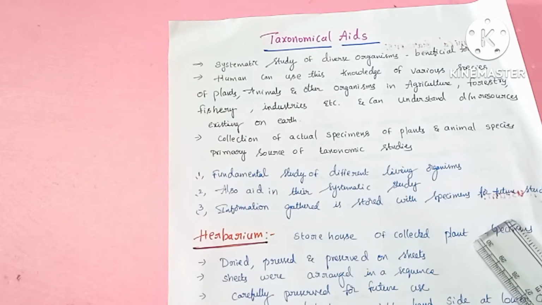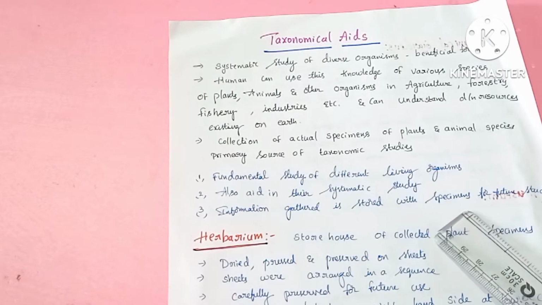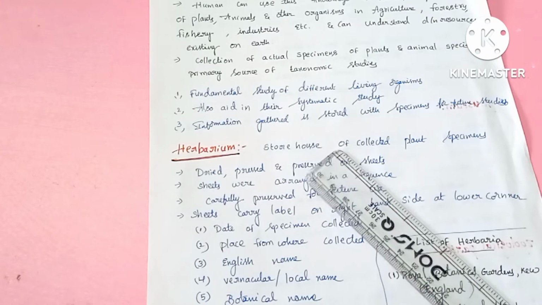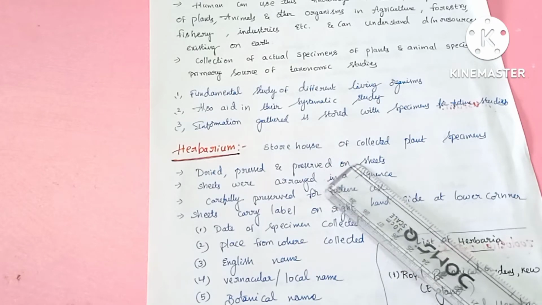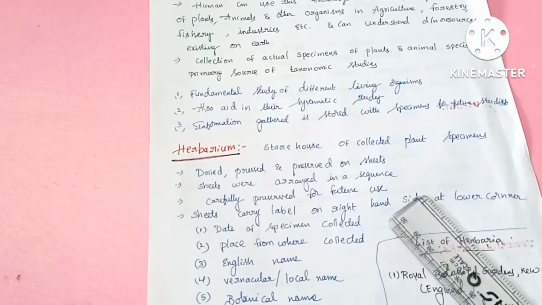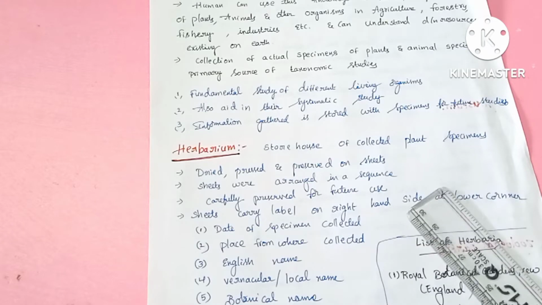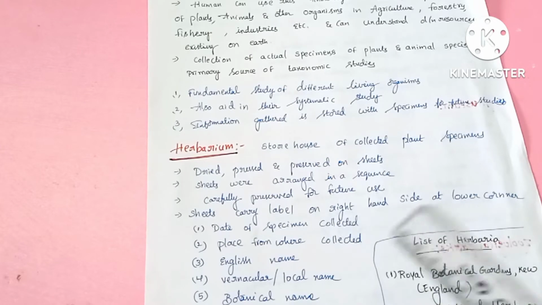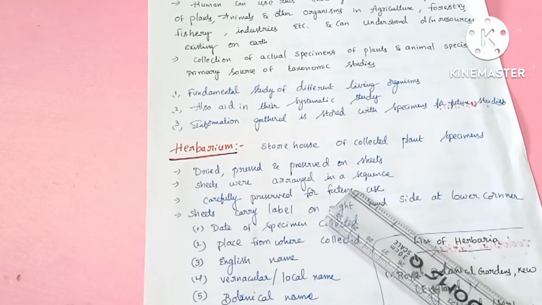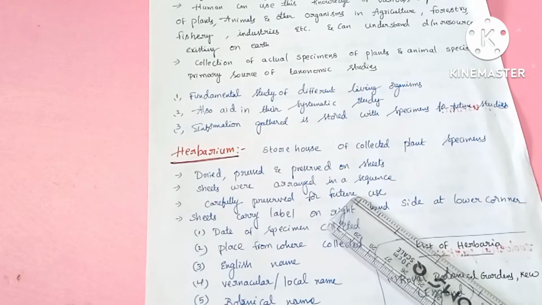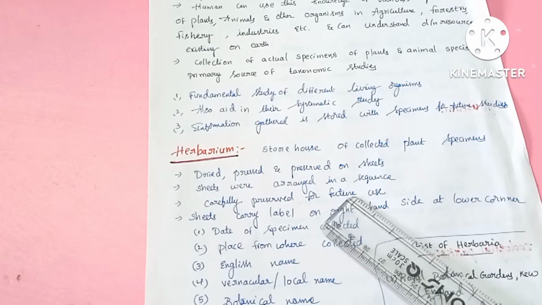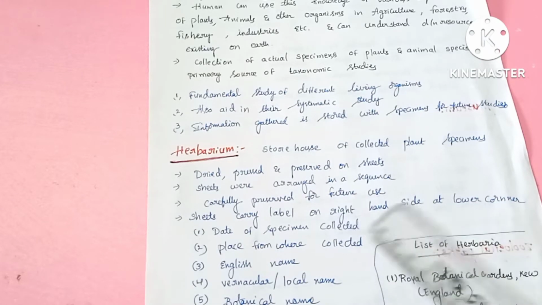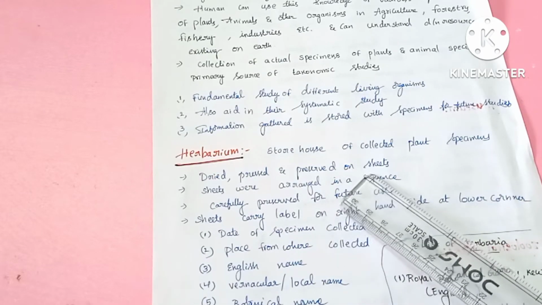There are several taxonomical aids. In that, the first one is the herbarium. What is a herbarium? Herbarium is also called the storehouse of collected plants. A storehouse of collected plant specimens is called a herbarium. Here, we collect plants from a particular area, and those collected plants are first dried, pressed and preserved on sheets.